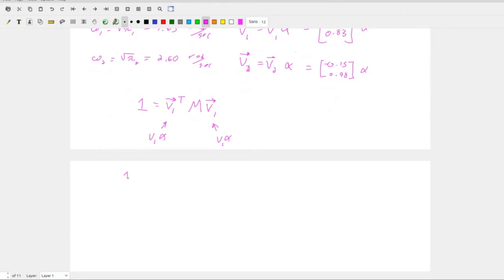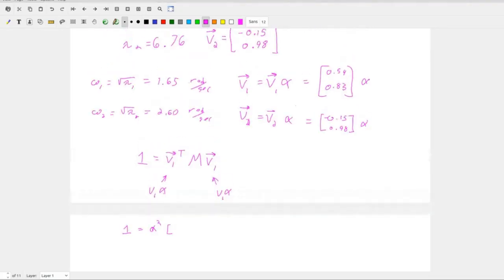You're going to end up with 1 is equal to alpha squared multiplied by, so for v1, we have 0.54, 0.83, and then our mass matrix, which is 10, 0, 0, 1. And then our matrix, but not transpose, 0.54, 0.83.